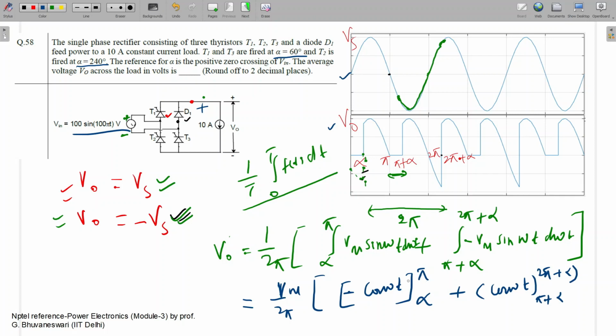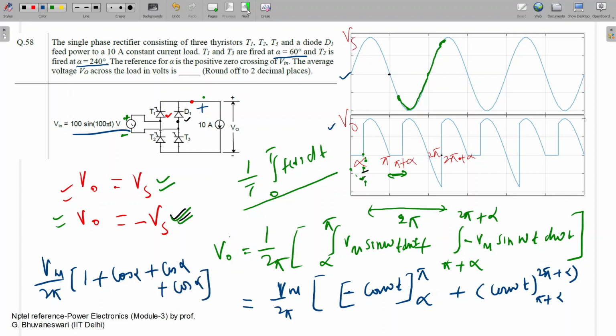Cos alpha minus cos pi, which is 1 plus cos alpha. Vm by 2 pi times (1 plus cos alpha) for the first term. Minus cos pi is 1, and minus minus gives cos alpha. Again cos of 2 pi plus alpha is cos alpha, and minus cos of pi plus alpha is cos alpha.